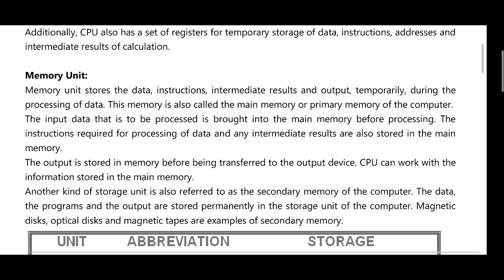The instructions required for processing of data and any intermediate results are also stored in the main memory. The output is stored in the memory before being transferred to the output device.